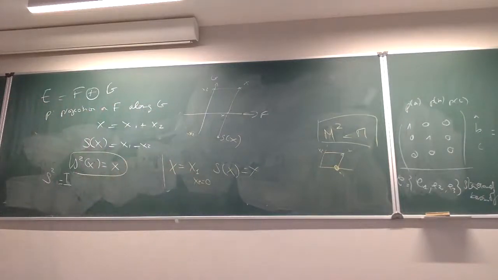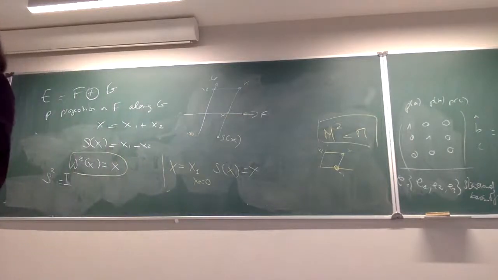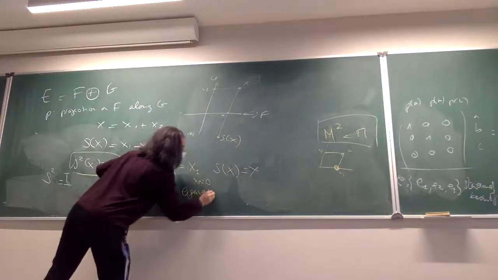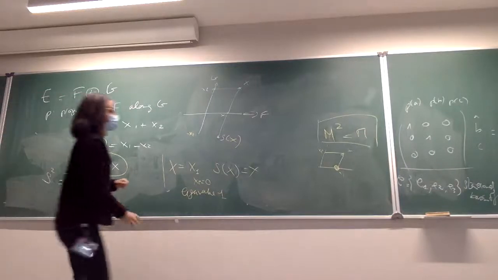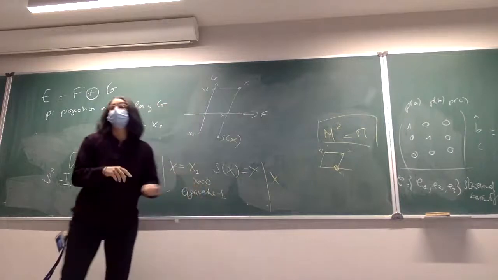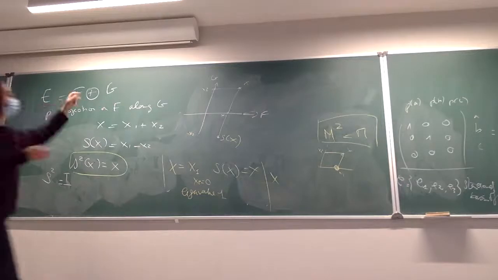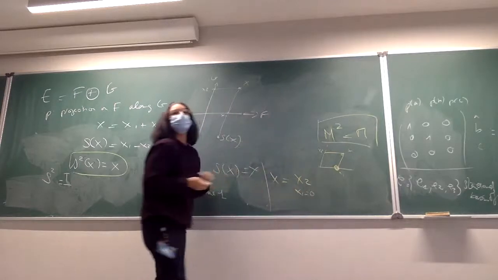So we've got eigenvalue 1, and it corresponds to the eigenspace: anything that belongs to my linear space F. And let's try the other possibility. If we've got something that is in G only, so X1 is equal to 0, what do we get?